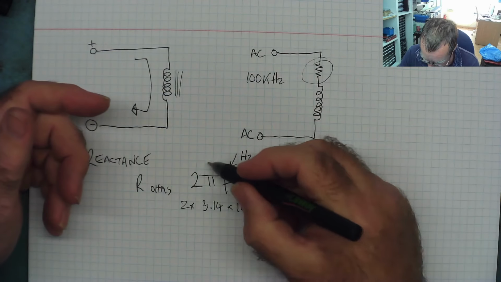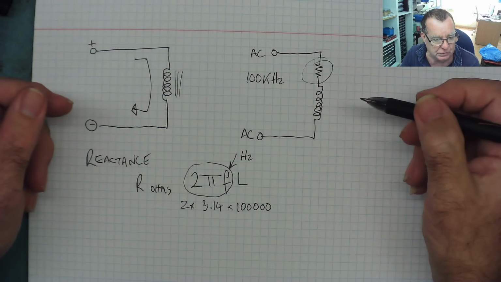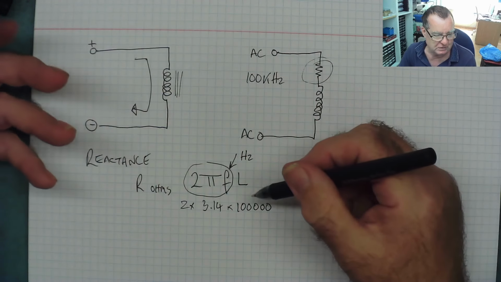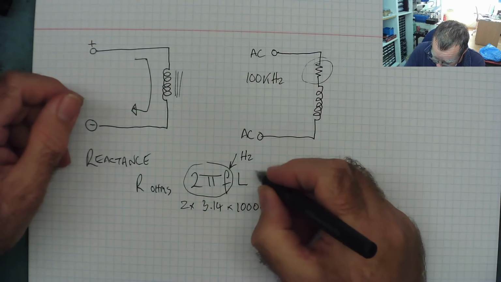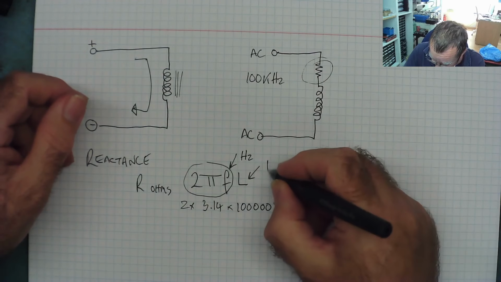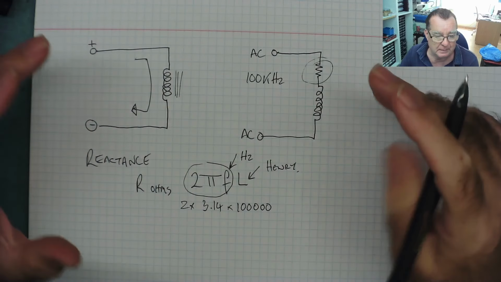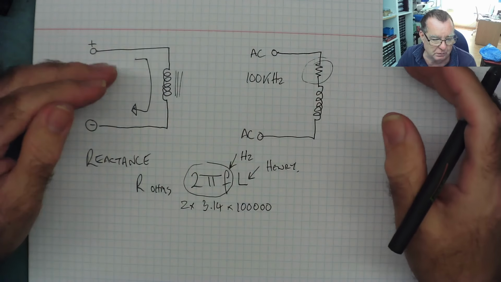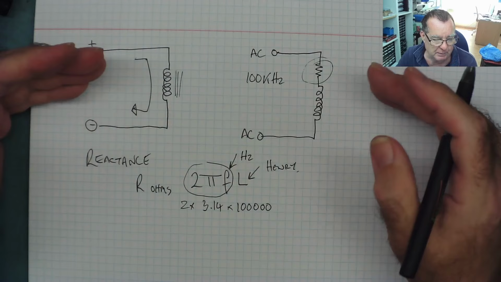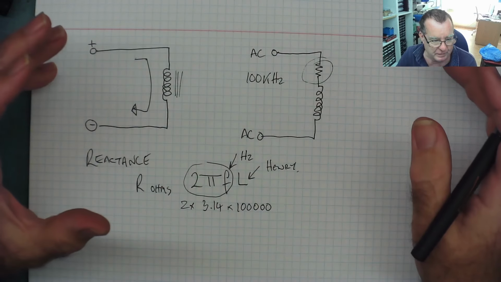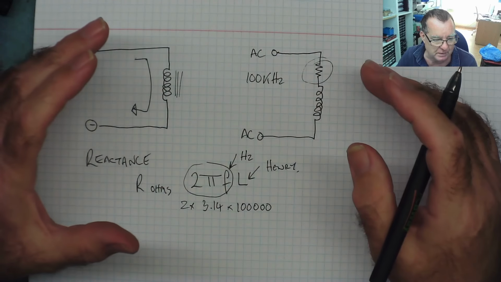That effectively becomes a constant. It doesn't change. Only the inductance changes that we're measuring. The inductance for the formula is in henries. Now, a henry is a very large inductor, and in our cases, they'll be much smaller than that.